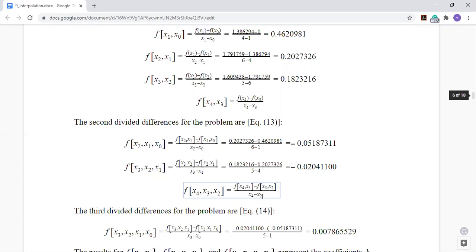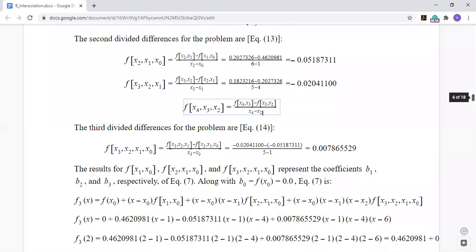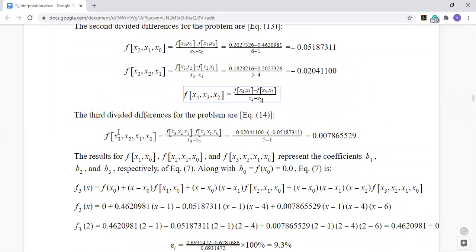So thank you all for those that replied. Then for the third divided difference, you need f of x3, x2, x1, x0. So to calculate that, we needed this.